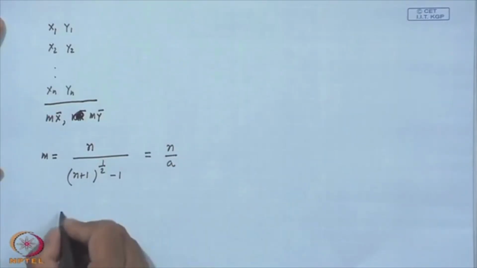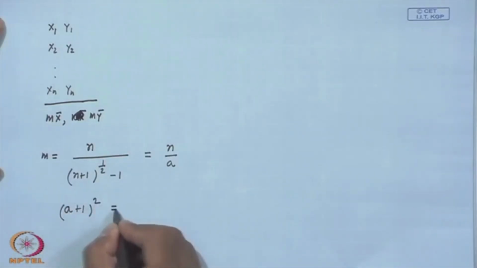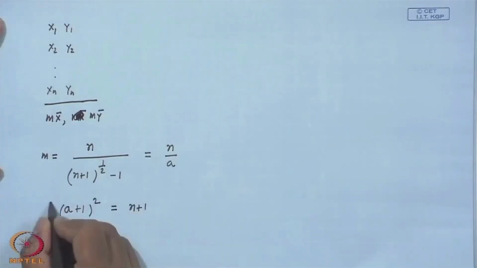Then what is a? From here I can write that a plus 1 square is equal to n plus 1, right.